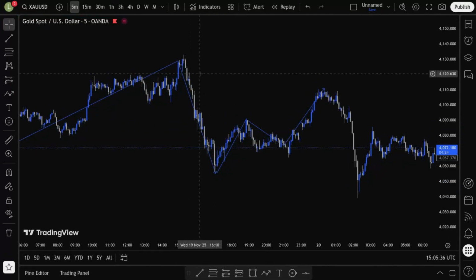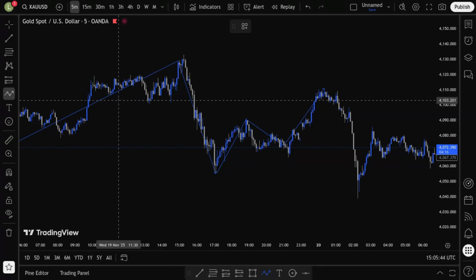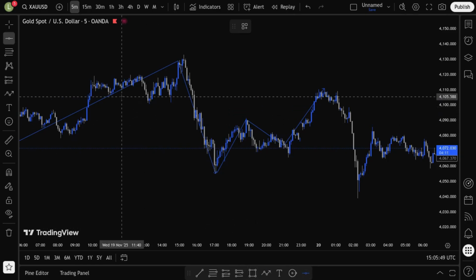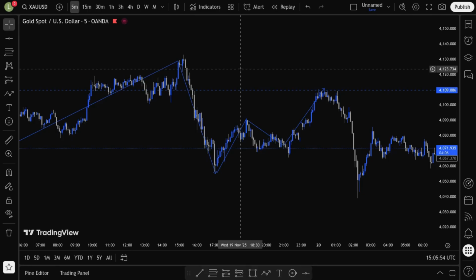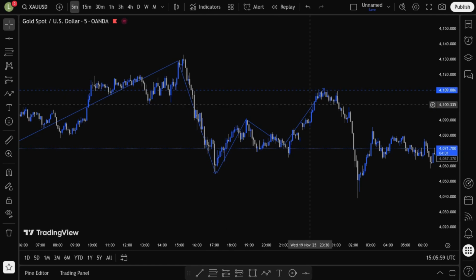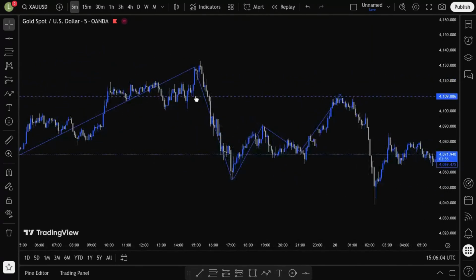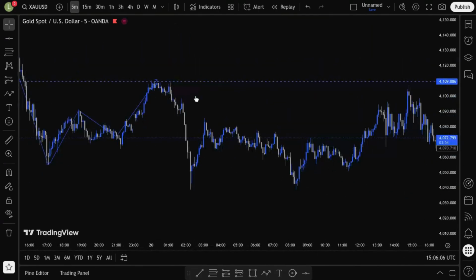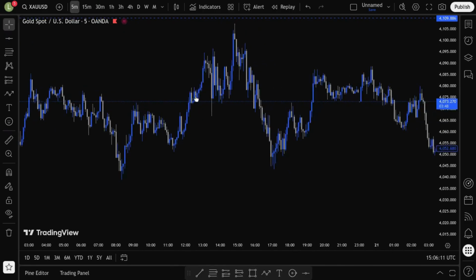This is a liquidity region too, and also a supply, a resistance level that price respected. But for me, I feel there was also liquidity price swept to go there. But let's keep moving to show you more liquidity sweeps.